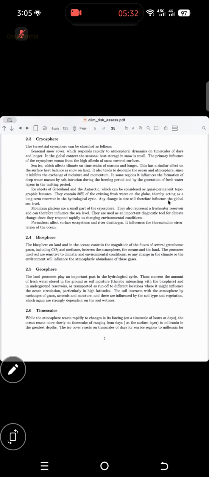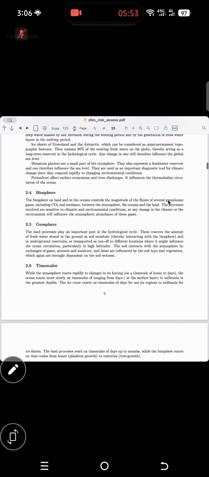Then we have the ice sheets like Greenland. Even on some mountains we have ice, called mountain glaciers. The key thing to know about ice is the albedo. They disrupt the radiation balance because of the albedo. But the other processes are there, which you'll see when you read the notes.